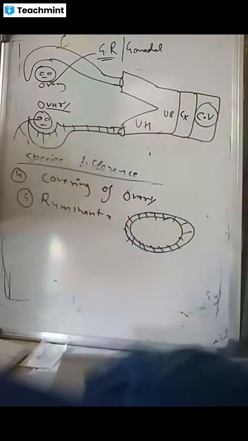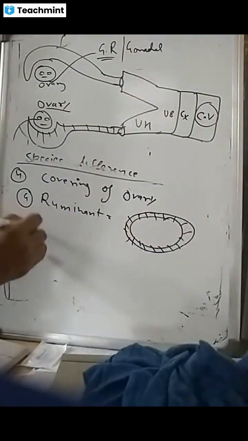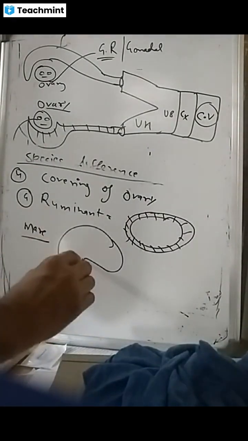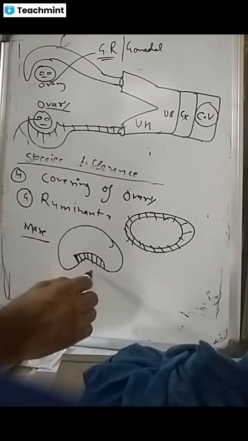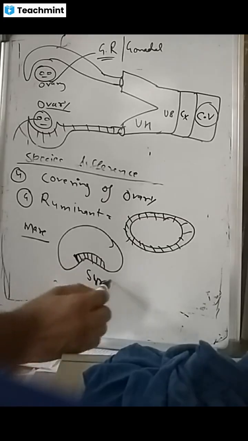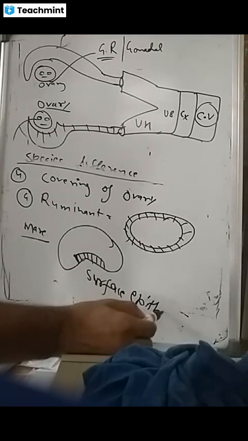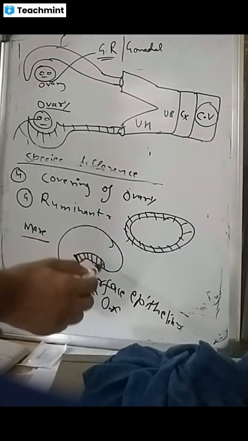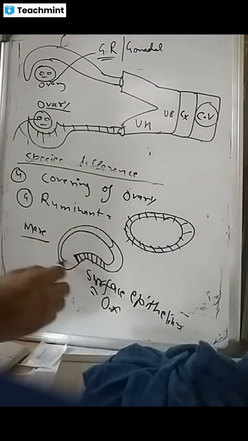In case of mare, the kidney-shaped ovary has surface epithelium only at the ovulatory fossa. The surface epithelium is present in the fossa.